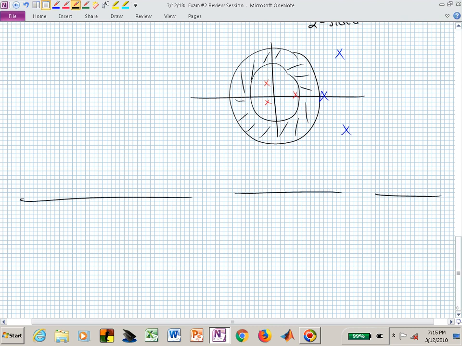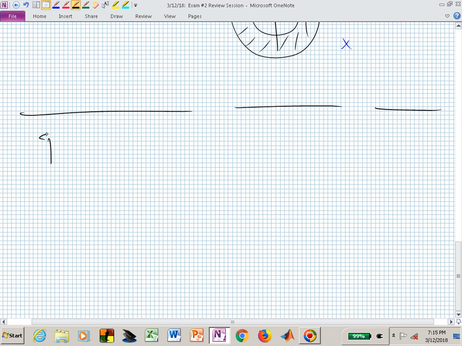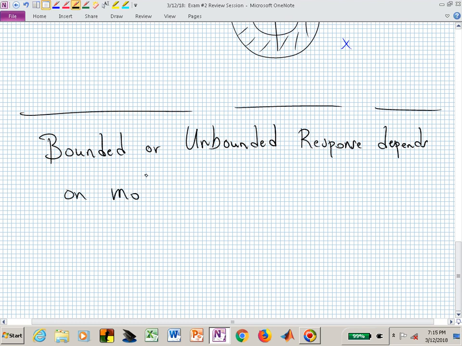Here, then, I could say bounded or unbounded response depends on the modulus of the mode. That's just the magnitude of the mode.